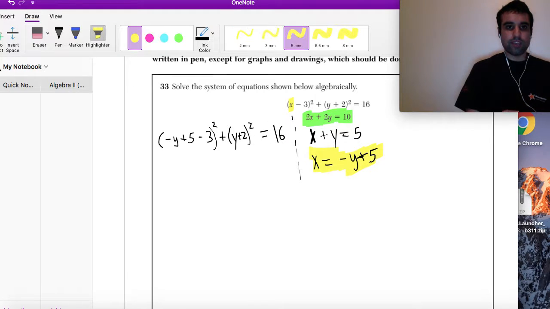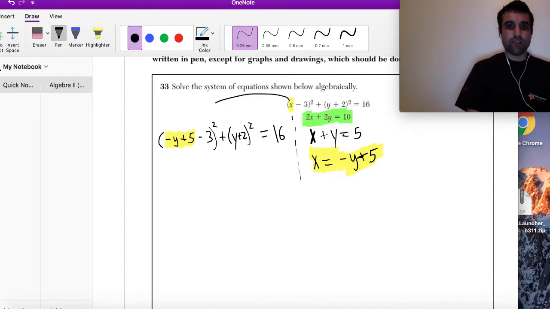Again, this negative y plus 5 was just what we replaced for x. Now if I combine like terms, 5 minus 3 is positive 2. So this becomes negative y plus 2, or 2 minus y squared, plus y plus 2 squared equals 16.